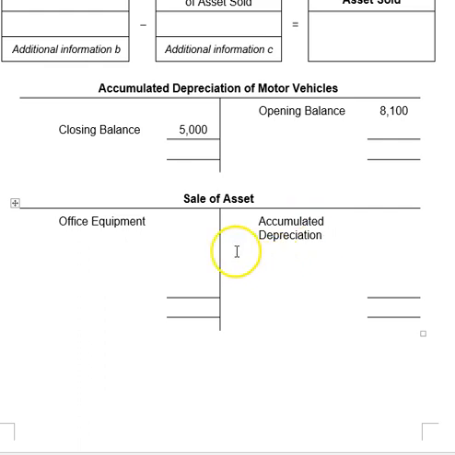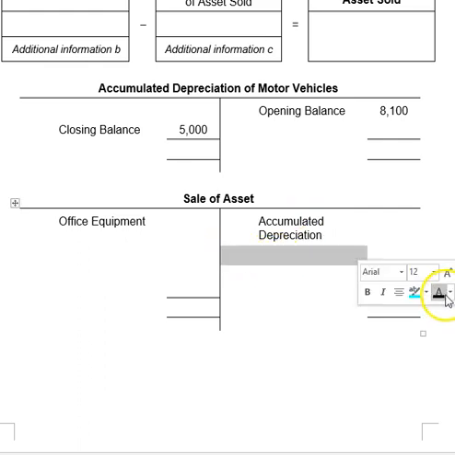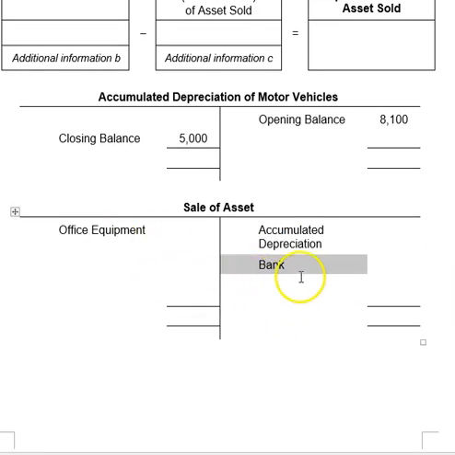You need to record the cash that you receive from the sale of office equipment, and lastly you need to find out whether this is a profit or loss.